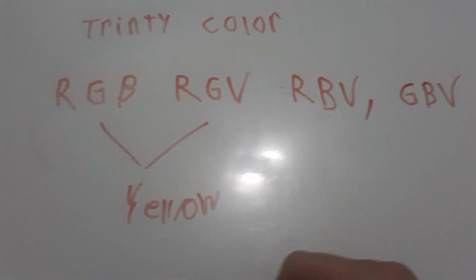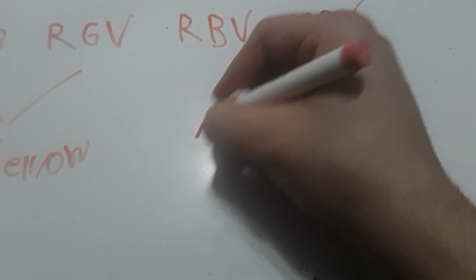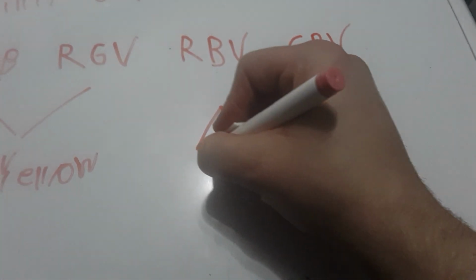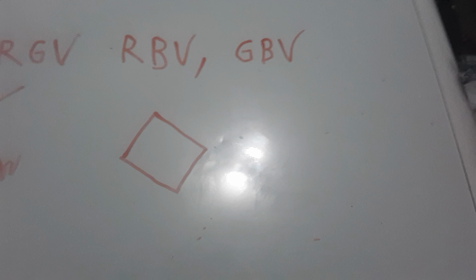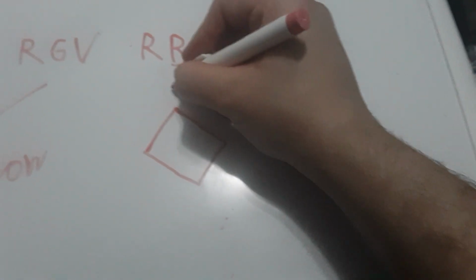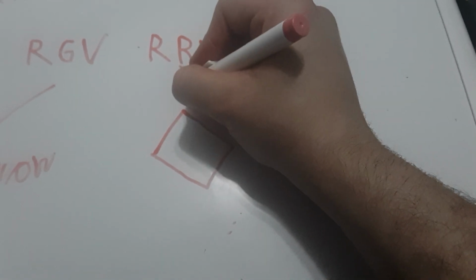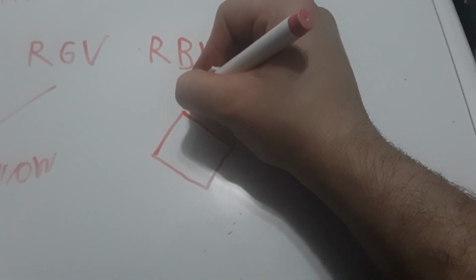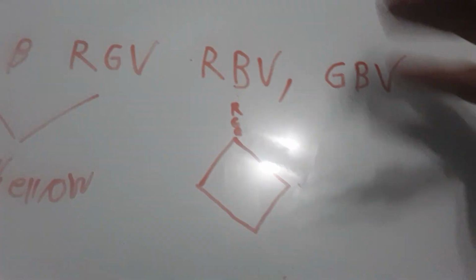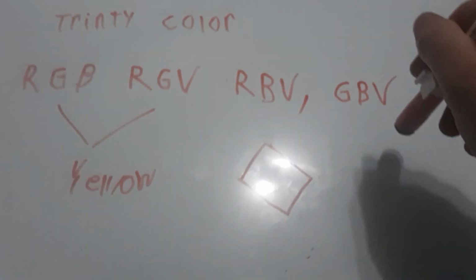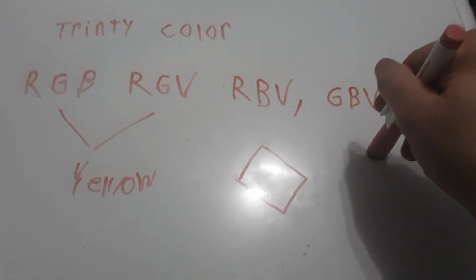You could have this shape here, RGB here. It's kind of hard to work out, but basically these colors mix together to make the secondary colors, and then the secondary colors would mix together to make the primary reflective pigments.